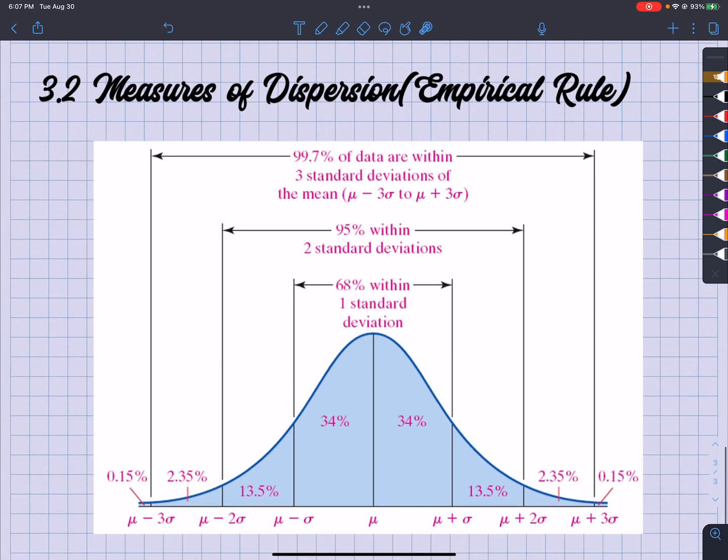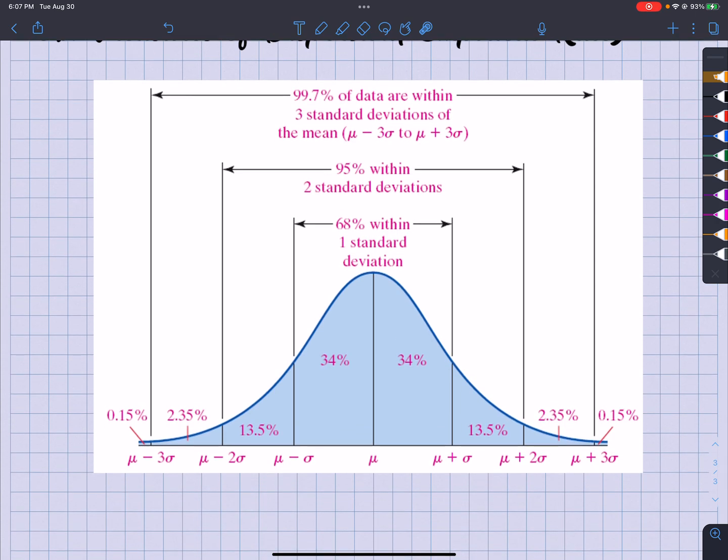So when we have a so-called bell-shaped curve, the mean and the median are in the center. They are equal to each other in the center. So what I just found there was the standard deviation.